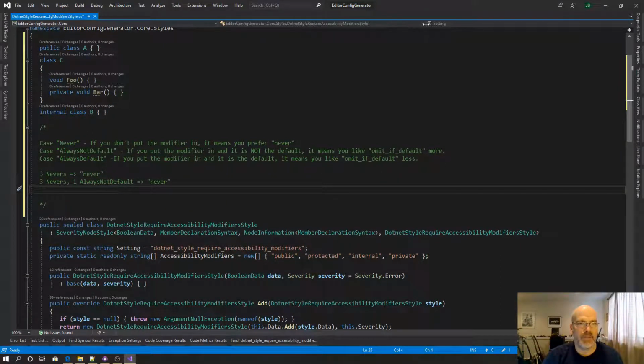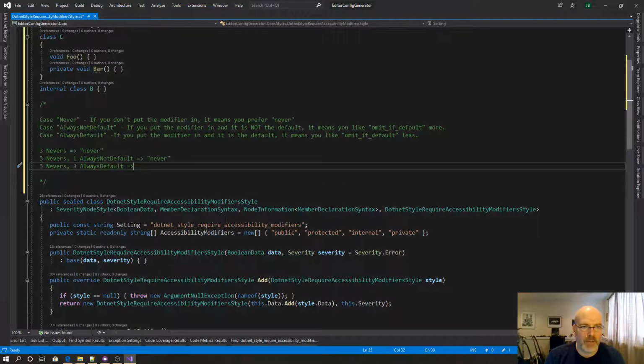Let's say you have 3 nevers, 3 always default. So you're putting it in. And then it's just which one do I say is a bigger style than the other one.